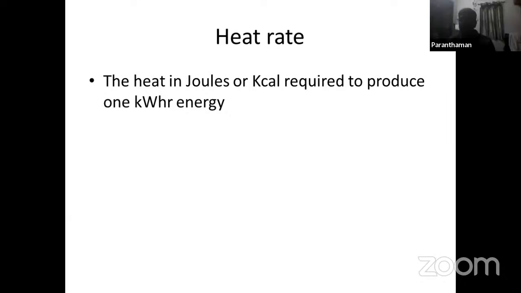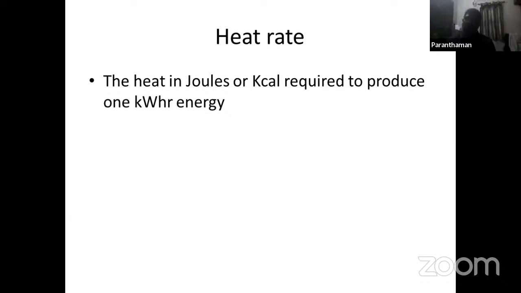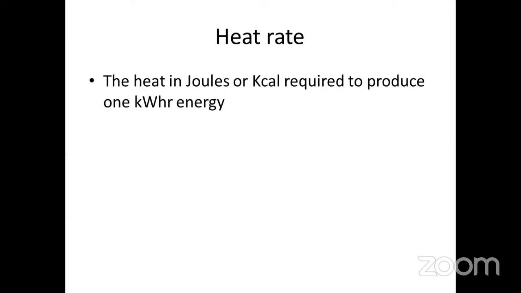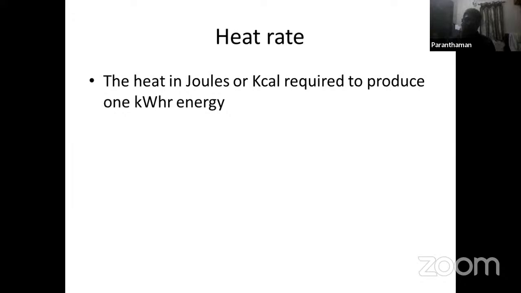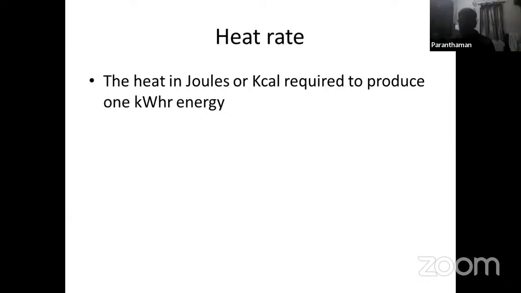We have to contain the I square R loss, so we have to reduce the current, that is I. That's why we are raising V. I square R can be written in another form, V square by R. I is equal to V by R. I square means V square by R square, and I square R becomes V square by R. We are raising the voltage. Will it not rise?